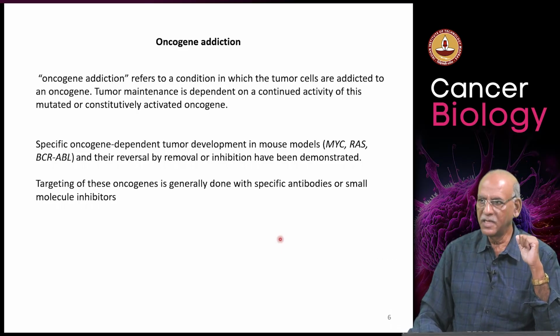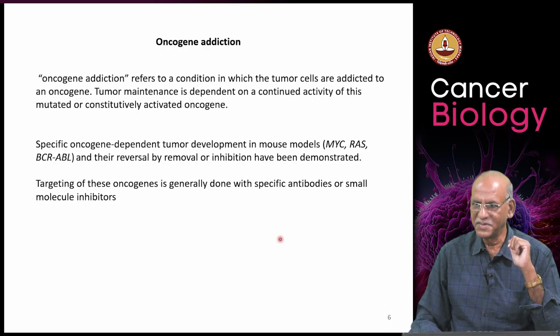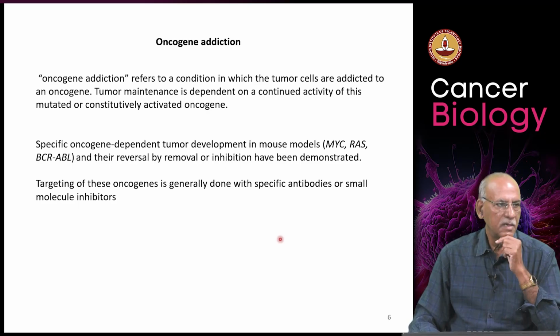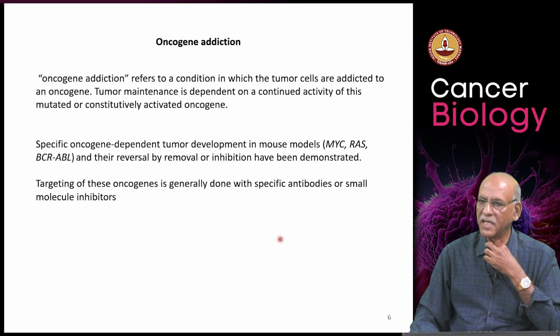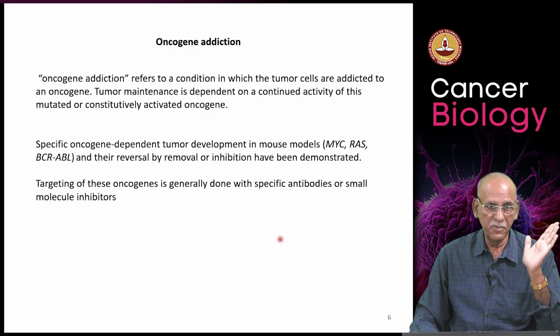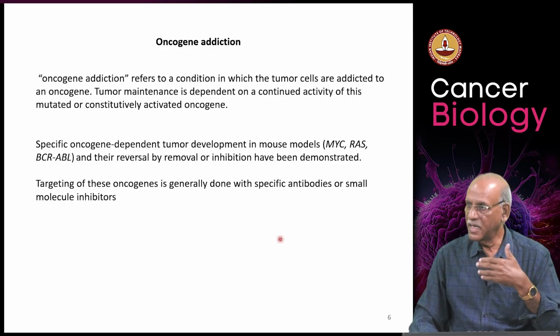Can you tell one example? I have already told several examples in the class. HER2/neu. HER2/neu is an oncogene. In breast cancer, 20% of the breast cancer patients and ovarian cancer patients, this receptor, which is a second member of the EGF receptor family, is overexpressed. If it is overexpressed, it is a poor prognosis and there is aggressive tumor growth.